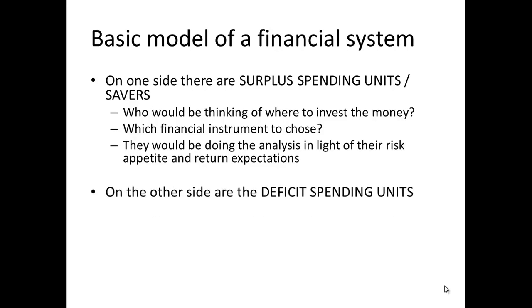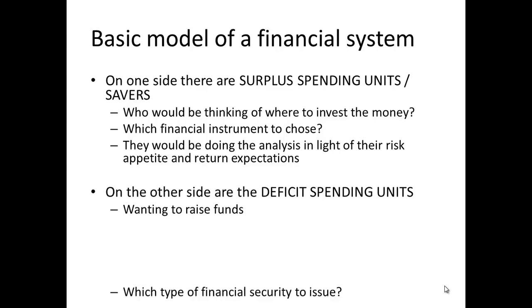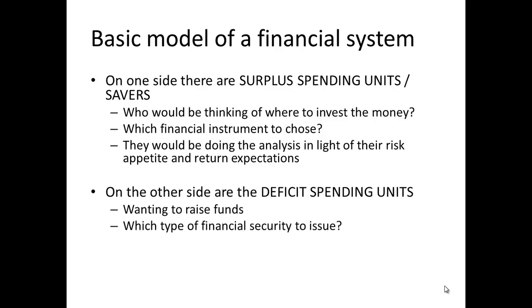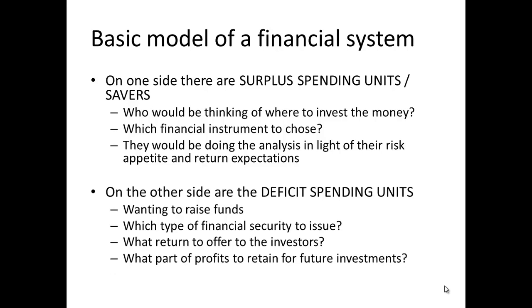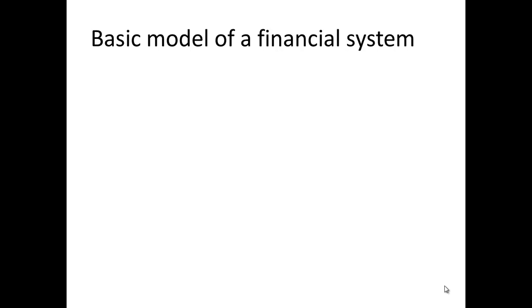And on the other side would be the deficit spending units or the borrowers or corporates who would be wanting to raise funds, and they would be looking at which type of financial security to issue to collect funds from public, and what return would the investors be expecting on providing capital to the corporate, and what part of profits to retain for future investments, etc.